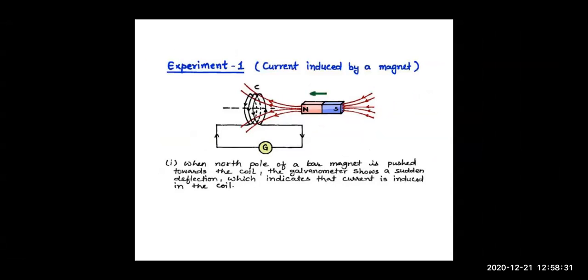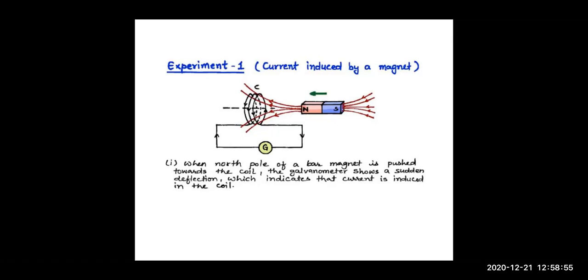In experiment 1, children, here this is a coil C. Now the coil C is connected to a galvanometer, G. Here the galvanometer's work is to detect the current. As shown in the figure, we have a coil having a number of turns.